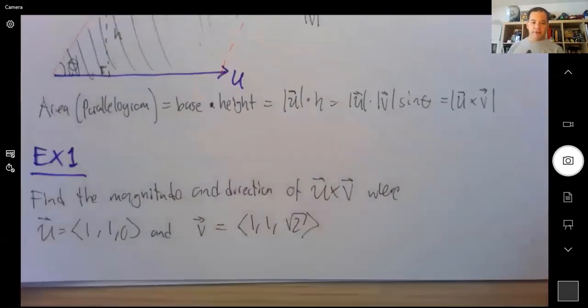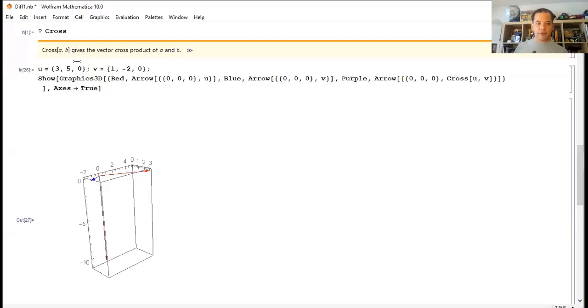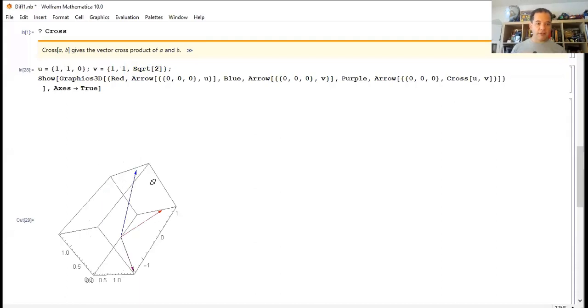First, let's do it in the visualization, so it gives us an idea of what it looks like. So we want the vector (1, 1, 0) as U, and the other one we want is (1, 1, square root of 2). Here it is, and it looks like this.